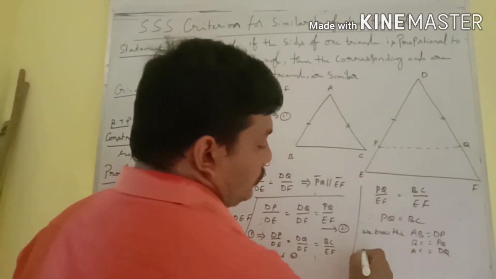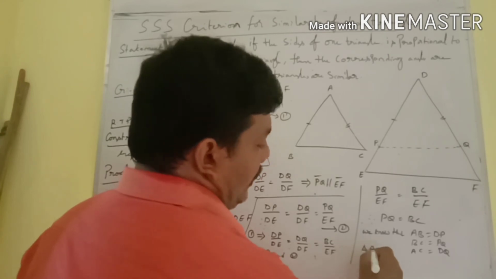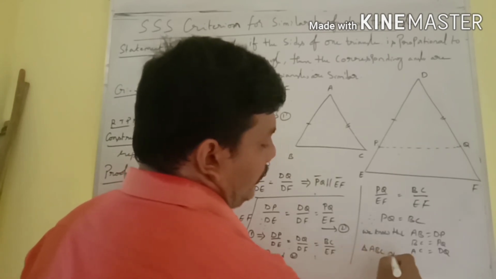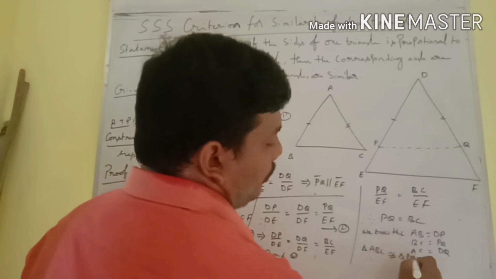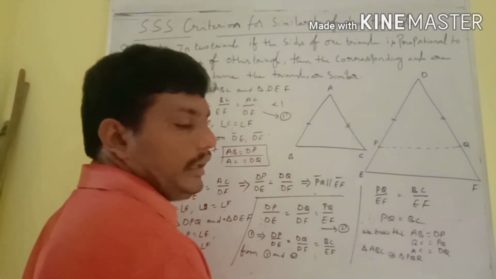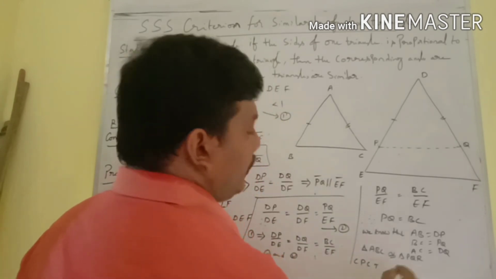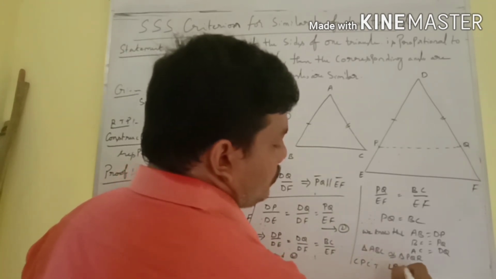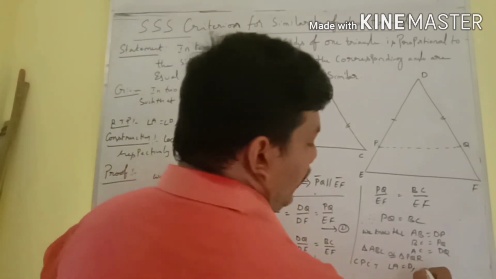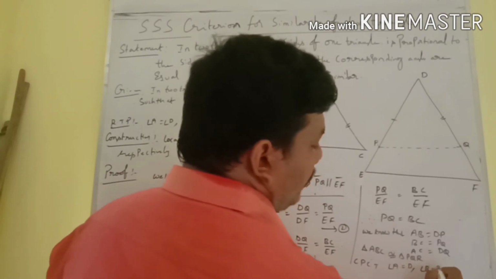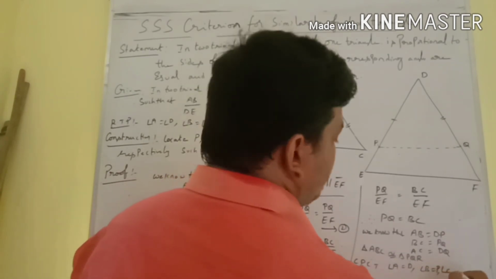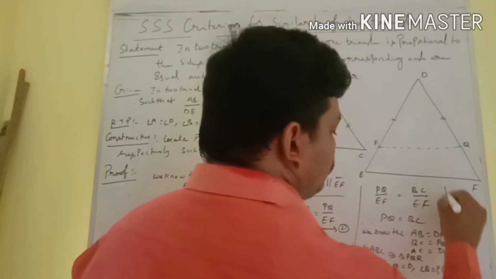Therefore triangle ABC is congruent to triangle PQR. Since the triangles are congruent, by the CPCT rule, angle A is equal to angle D, angle B is equal to angle P, and angle C is equal to angle Q.